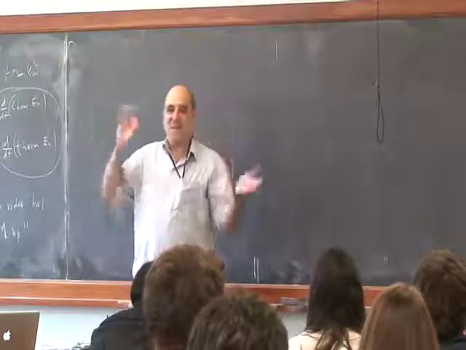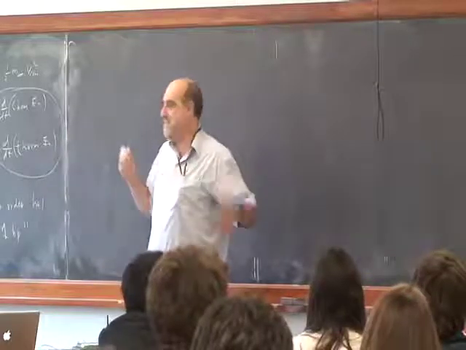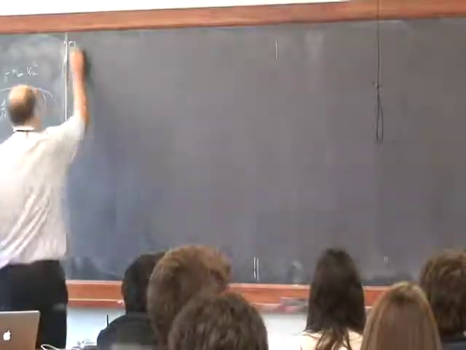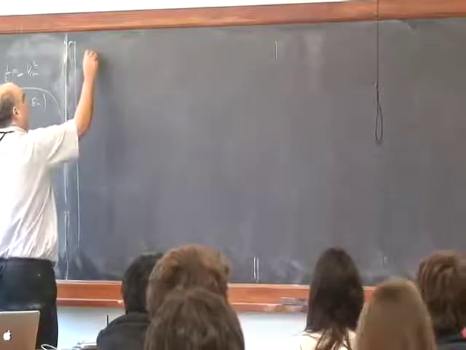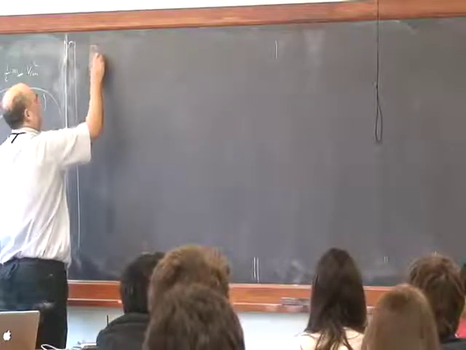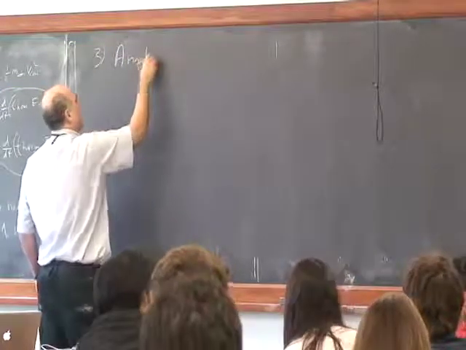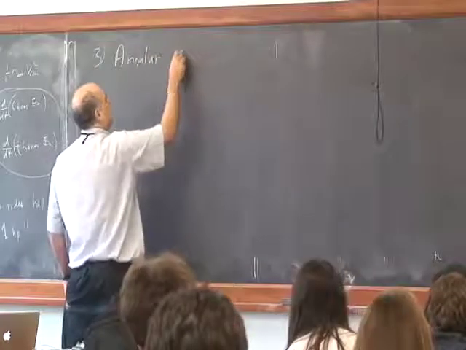There's a torque equals I alpha equation, which is also big in that sense. It applies to general systems. Let me call this 1b, for this lecture I'll call it 3, the angular momentum equation, angular momentum balance.